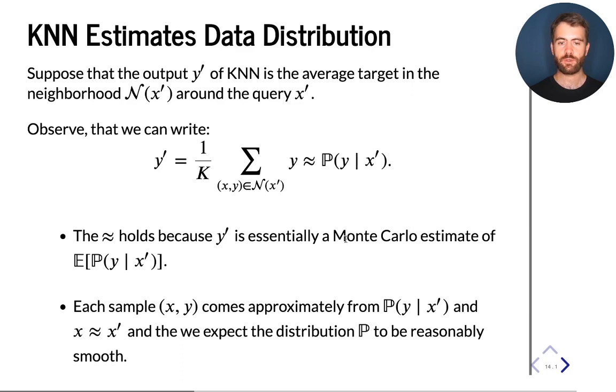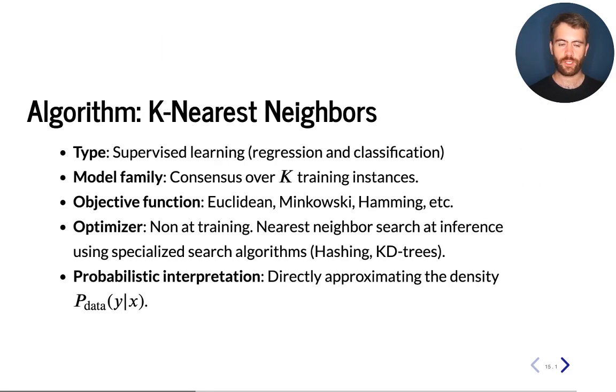And because we have something that looks almost like an IID set of samples, of course, x and x prime are not exactly the same, but as we get more data and as the points become closer to x prime, then this average here becomes an estimate of the average y given x prime under the training distribution here. So this is a connection between k-nearest neighbors and our data distribution, and again it shows why k-nearest neighbors is a valid machine learning algorithm.